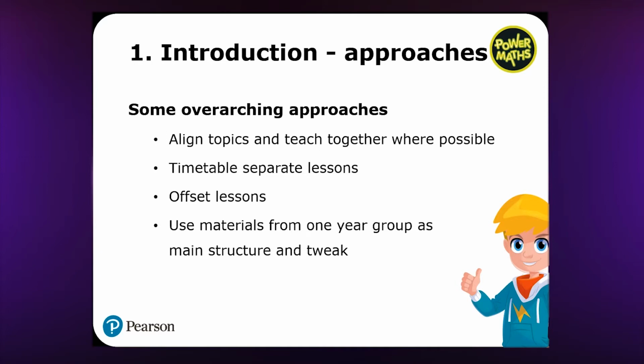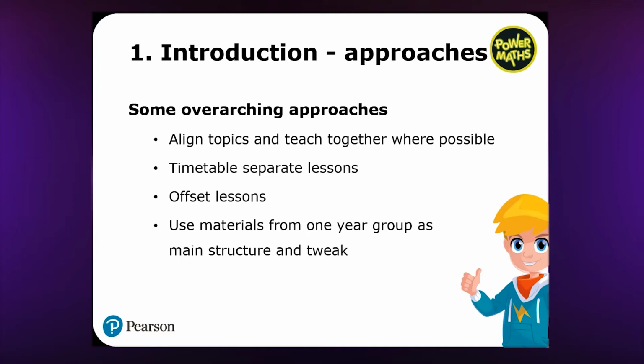The last bullet there: using materials from one year group as the main structure and then tweaking from there. We know that some schools do that and that works for them. So for instance, if you're a year 5/6 teacher, you could generally base the structure of the learning for the class on the year 6 textbook, and then tweak for the year 5 group as needed.